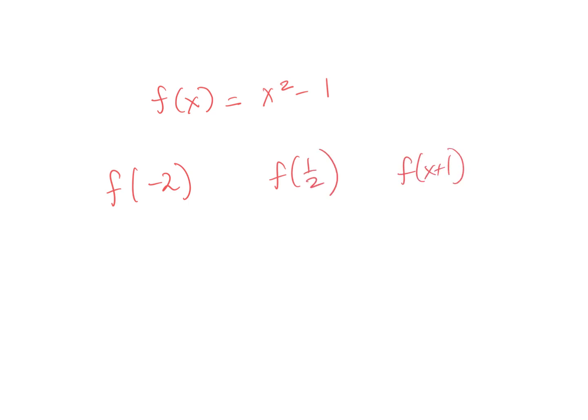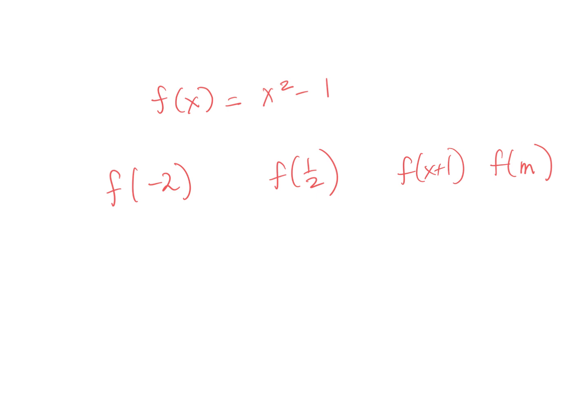Let's have the function called f of x is equal to x squared minus 1. And it wants me to evaluate the following things: f of negative 2, f of 1/2, f of x plus 1, f of m. Let's talk about these, right?